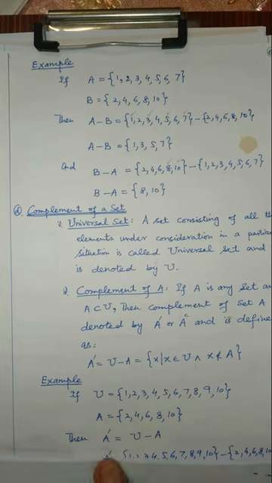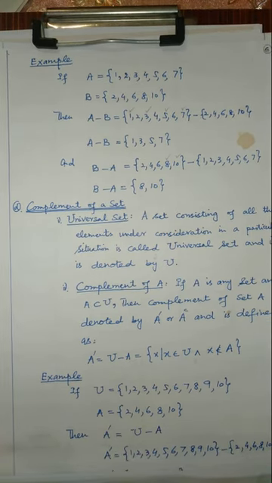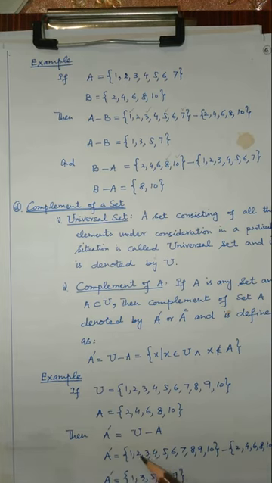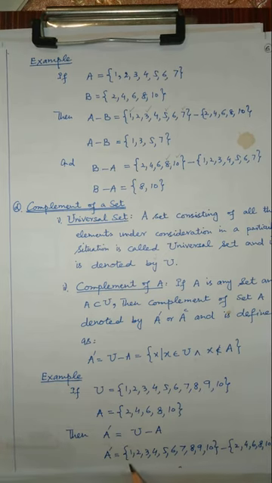So A complement is equal to universal minus A. Now writing A complement as it is, writing universal set, then set A. Now we take the difference of this set A with this universal set. So the extra elements of the universal set are 1, then 3, then 5, then 7, then 9. So A complement is equal to 1, 3, 5, 7, 9.